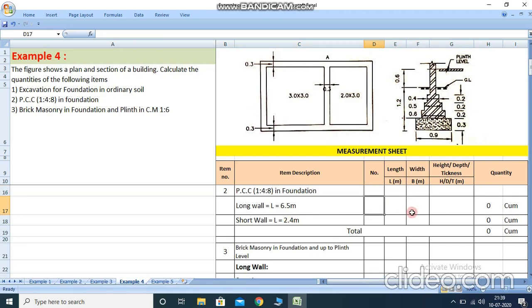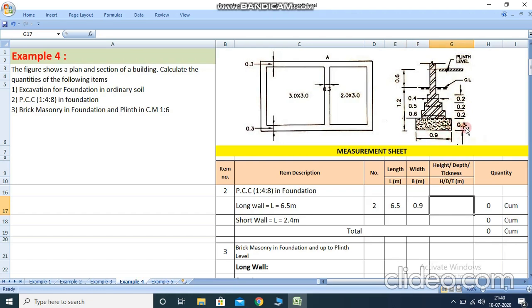So the number is 2. The total length we already calculated is 6.5, put here, and the width of the PCC work is already given in the figure. In the figure, the width is given as 0.9 meter. So write here 0.9 meter, and the thickness of the PCC work.